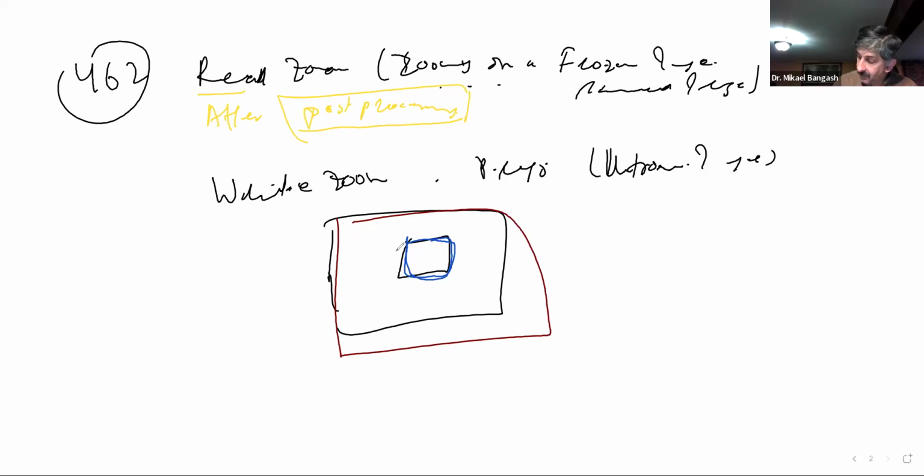Pixel size in the zoom in image is the same as that of this. Now when we zoom in here, as write zoom, that becomes it. But the pixel size of this image here and of our original image is going to be the same.